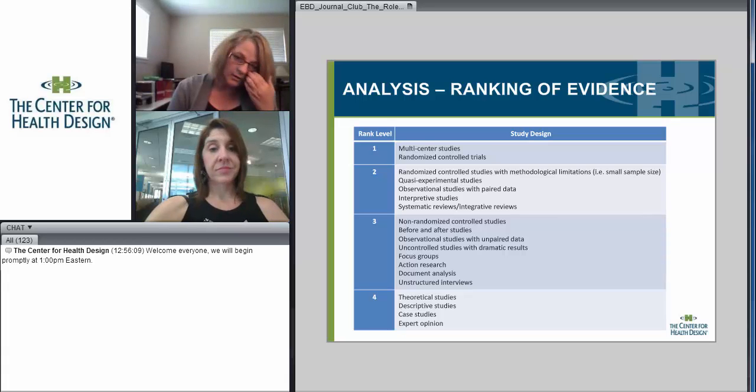And then ranking level number 1 is multi-centered studies and randomized controlled trials. So, for instance, if you had a study and you were implementing a strong methodology, and you were collecting that data at 12 hospitals across the country in different regions, that would be a multi-center study.